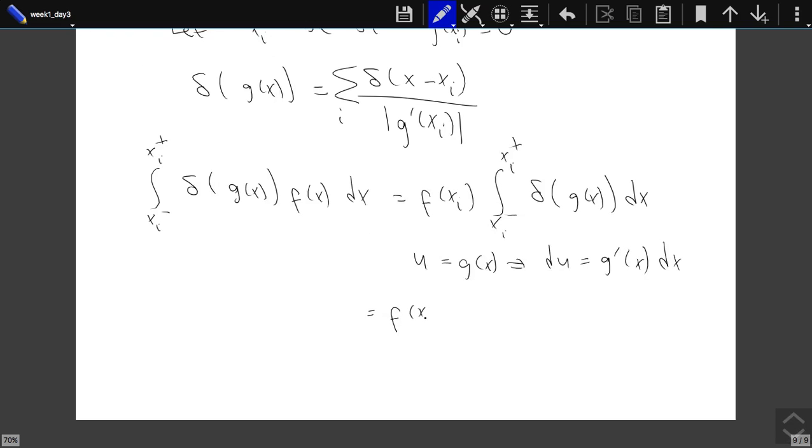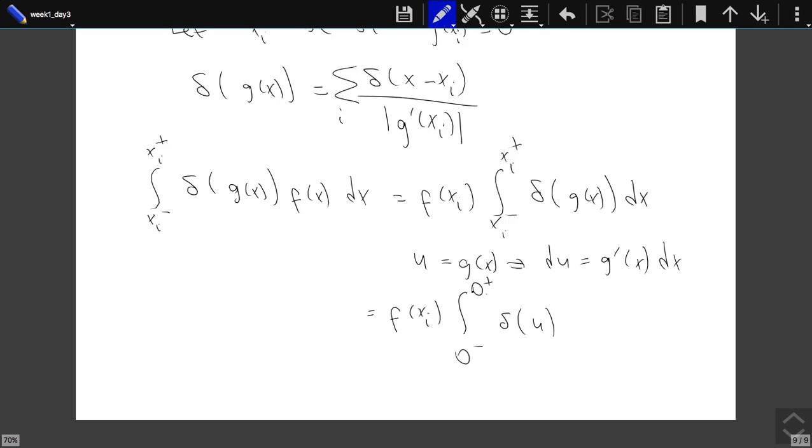So this is equal to f of xi from xi minus to xi plus, well, I'm integrating over u, from... No, sorry, not ui minus ui plus. It's from 0 minus to 0 plus. Remember, x is equal to xi just makes u is equal to 0.